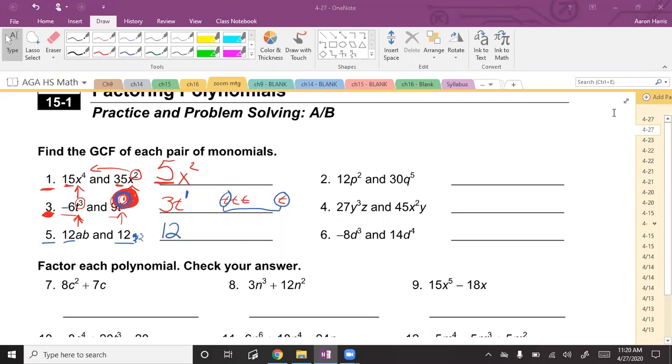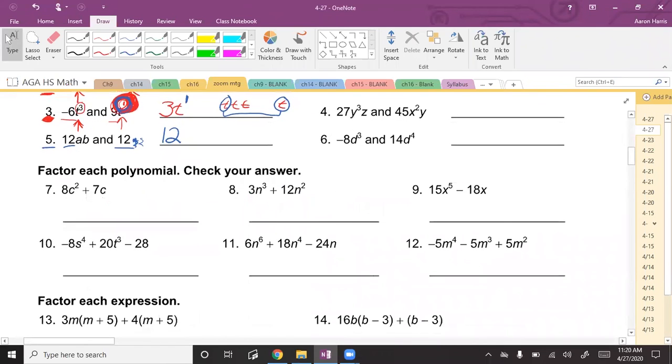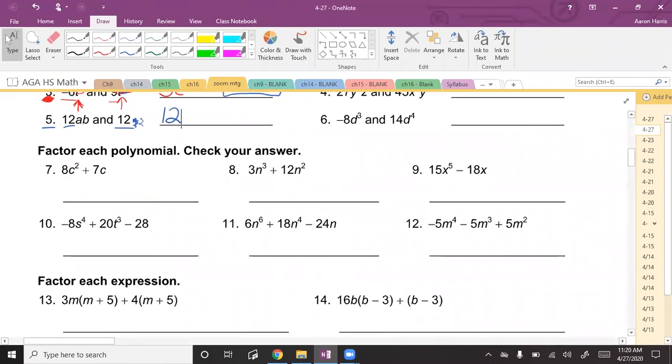Factor each polynomial. So here we go. If we're going to factor each polynomial, I know you were here the last time I did this. We put parentheses around everything. Then we make a blank set of parentheses that is the same width, correct?